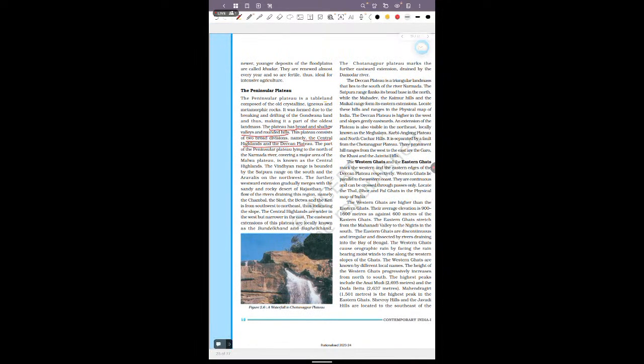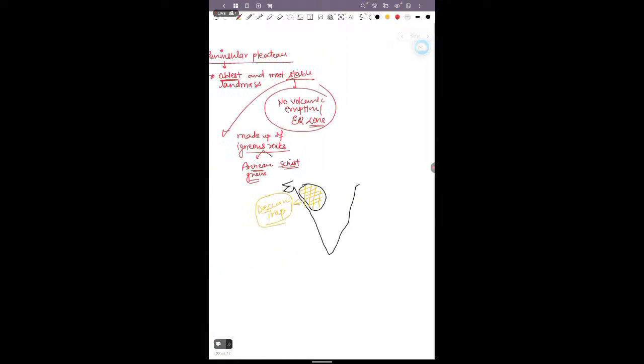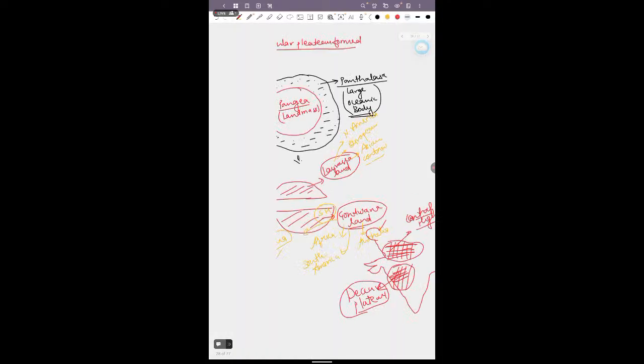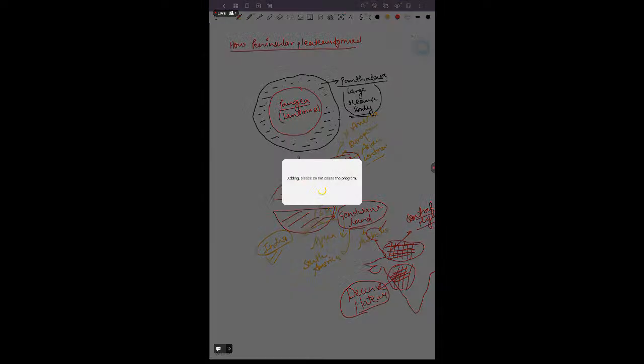In the plateau regions, minerals are present. So here is the Peninsular Plateau, and there is the Narmada. If you see the map of India, I'll draw the southern map of India.